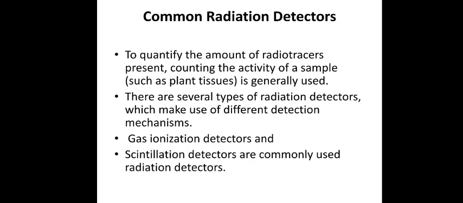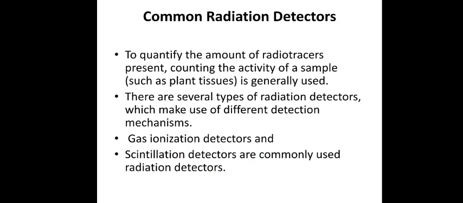So you are using a radioactive element which is complementary to the chemical of your interest. This radioactive element will go and bind to the chemical of your interest. That means the number of radioactive elements present in the given sample, tissue or solution will be proportional to the complementary element.